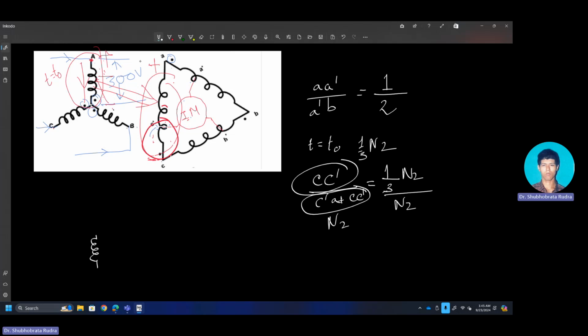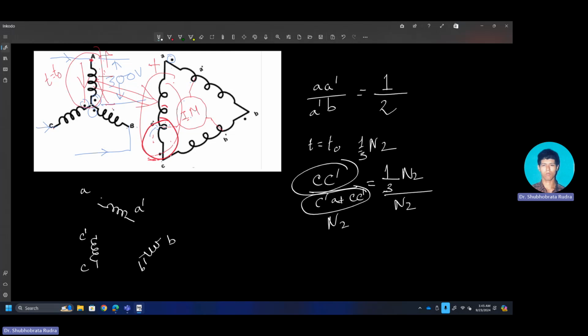Now, one interesting thing, although it looks apparently kind of discrete: A, A dash, B, B dash, and C, C dash.